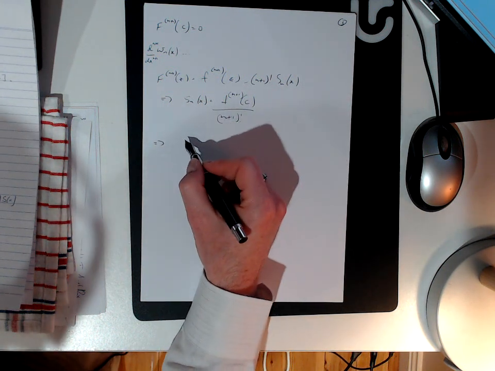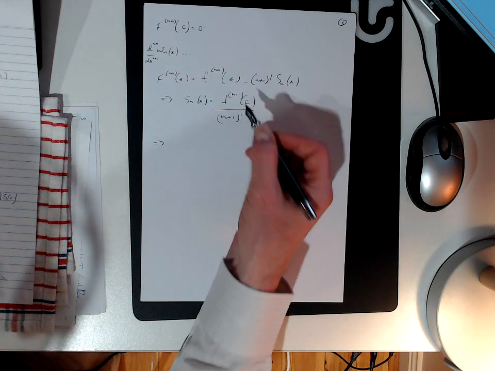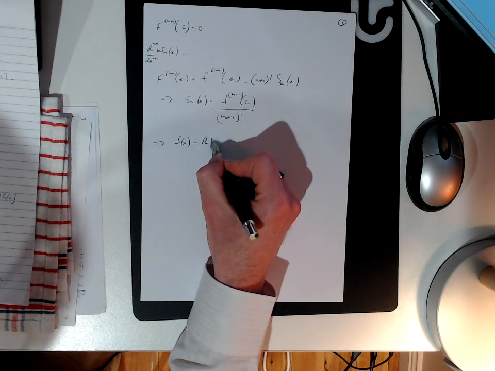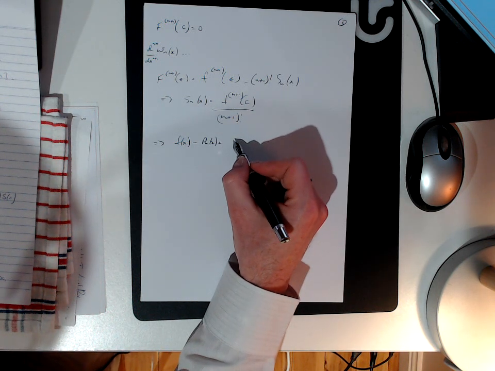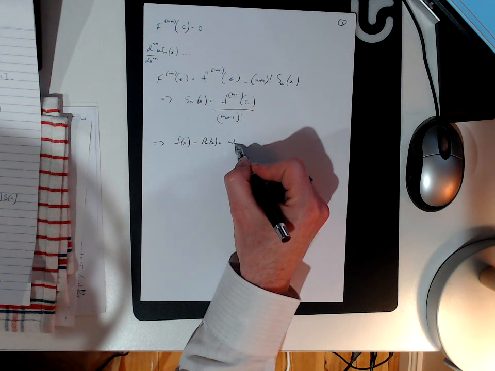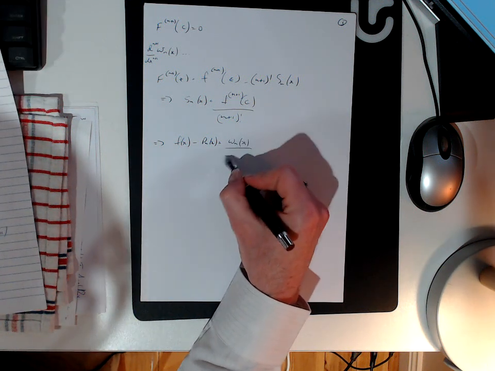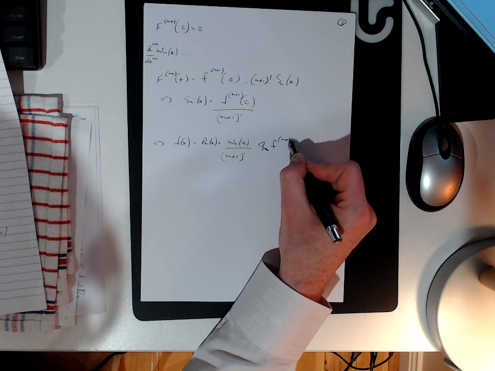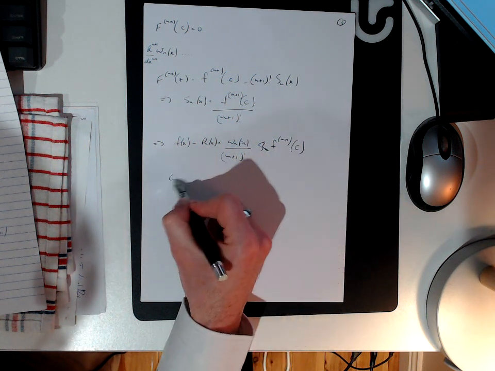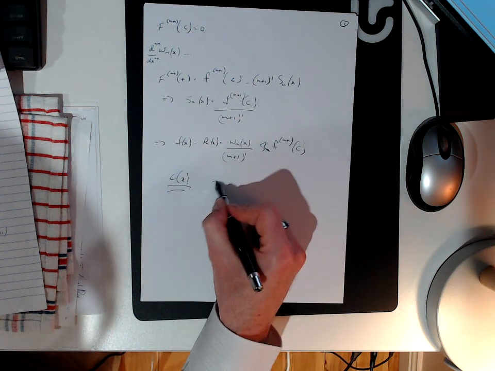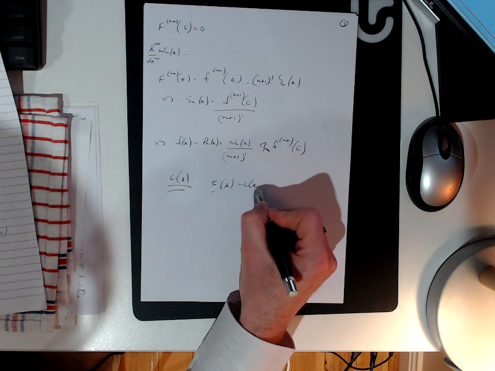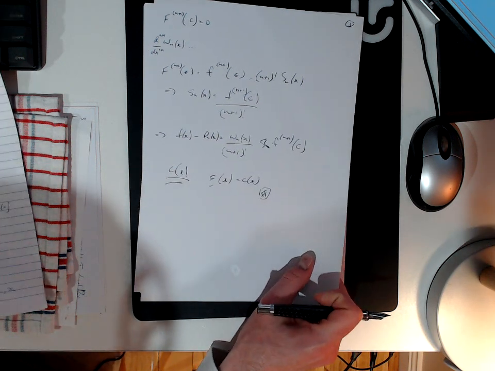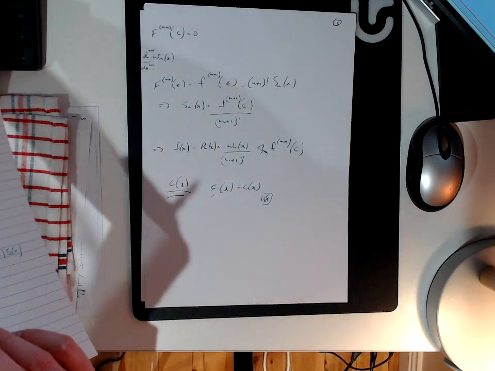The implication being f of x minus pn of x is equal to wn at x over n plus 1 factorial times f n plus 1 c. So the c has a dependence on x, and zeta x is equal to c of x gives the result. I should have just written zeta to begin with. So that's our error result.